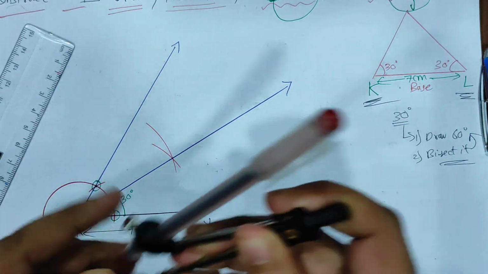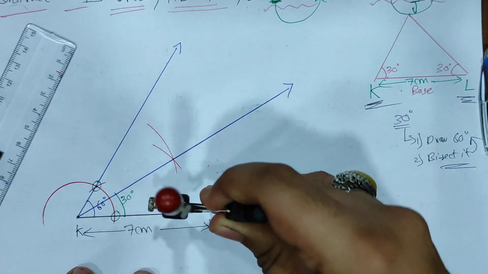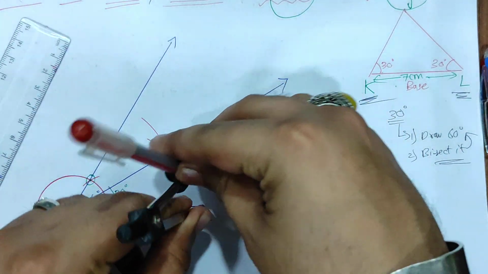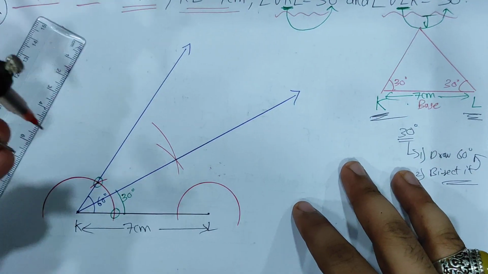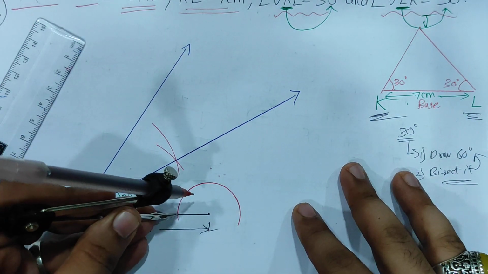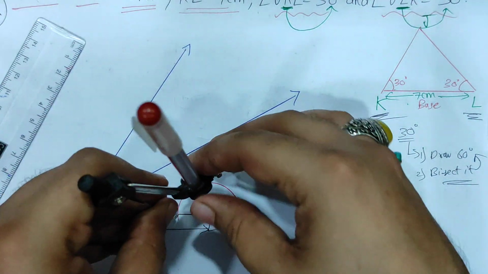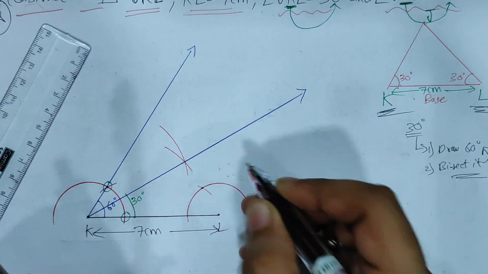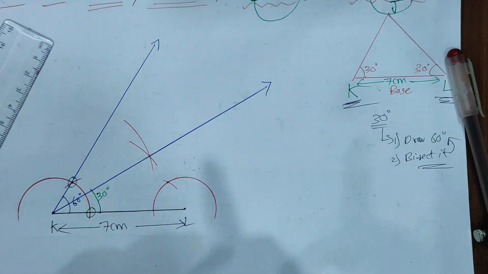Okay, I'll draw a semicircular arc over here. Okay, and without changing the radius, keeping at this point, an arc over here. I'll highlight this point. Okay, now pay attention please.